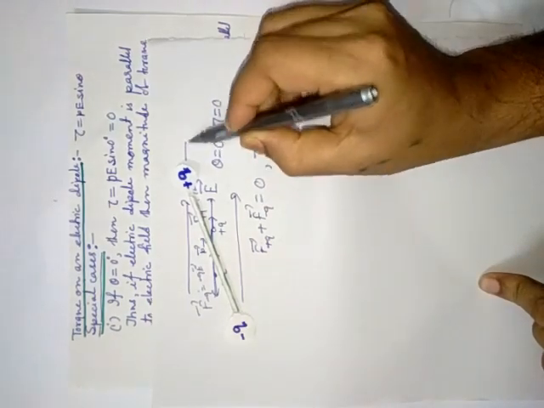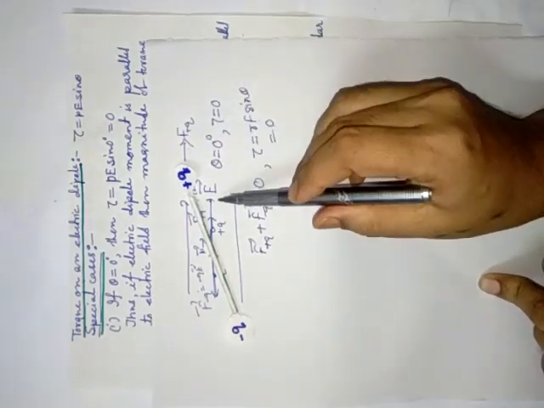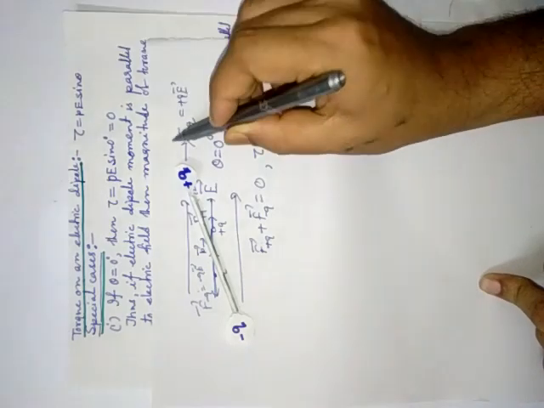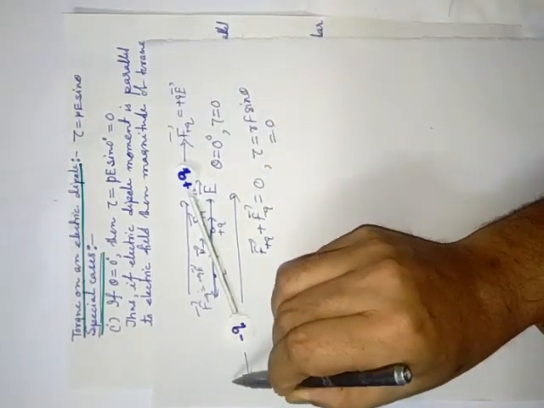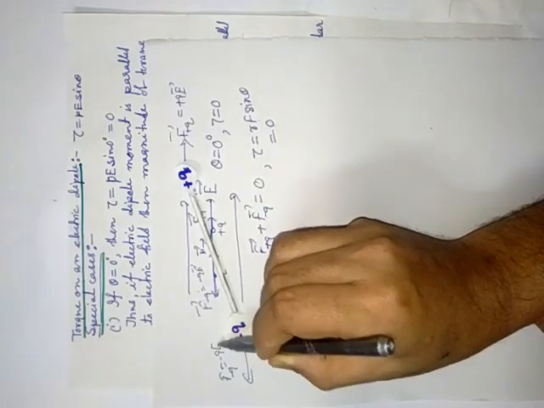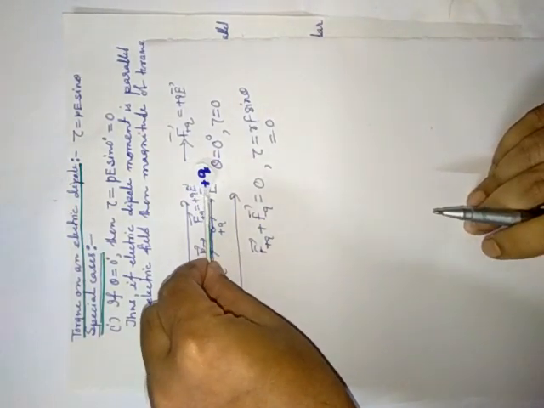The positive charge will experience force F plus q equal to plus q into E, and this one will experience force F minus q equal to minus q into E. Again, it will rotate in clockwise direction. That means it will come back to its earlier position, and the initial position will be retained.